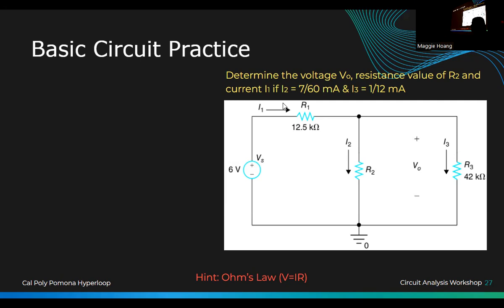Then the current would be the voltage over the equivalent of the 2 resistors in parallel, and that would be the total current. So 6 divided by R is not going to give you I1. So I just go and solve. Yeah, you can go solve.